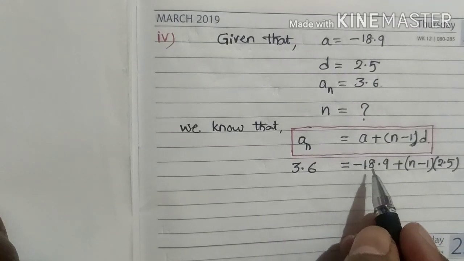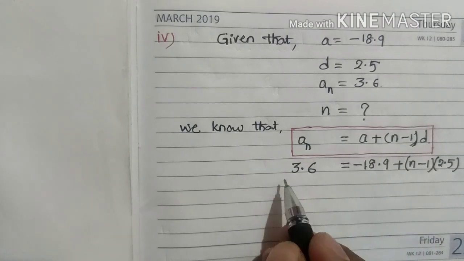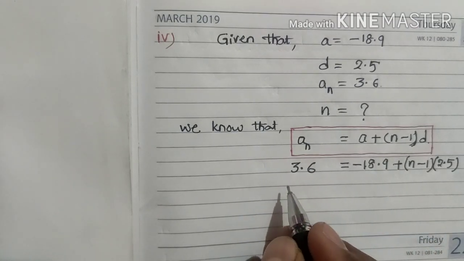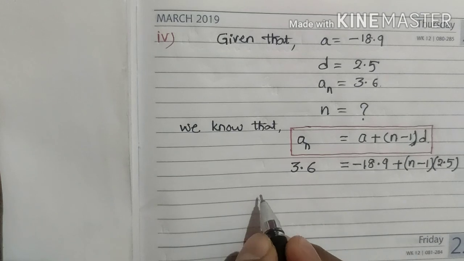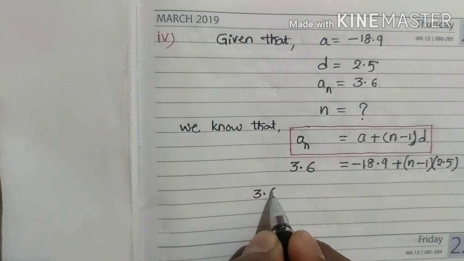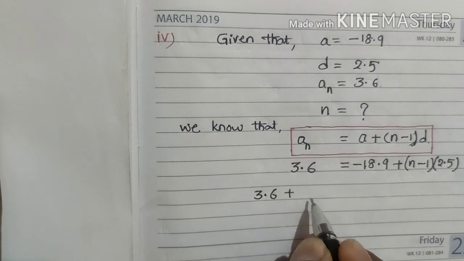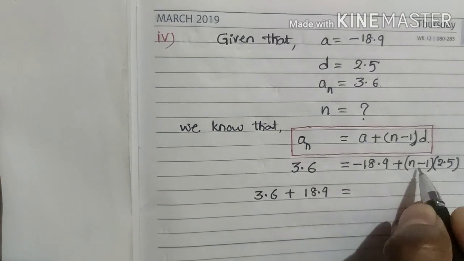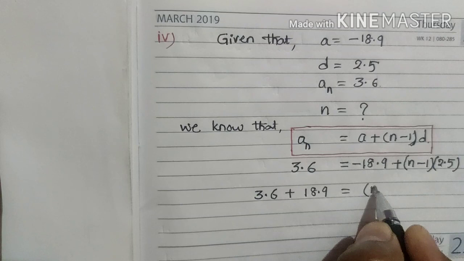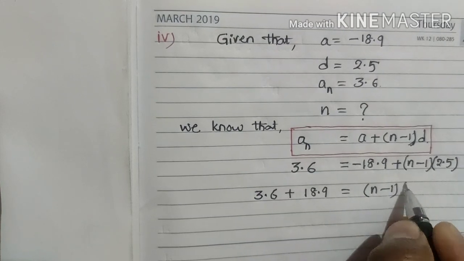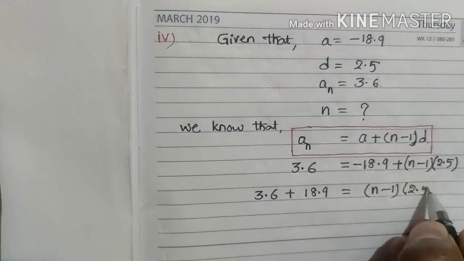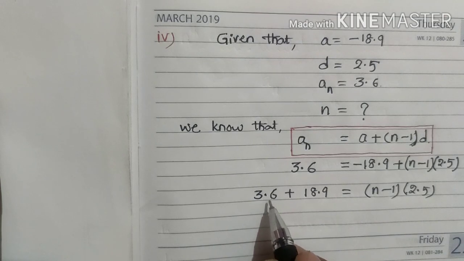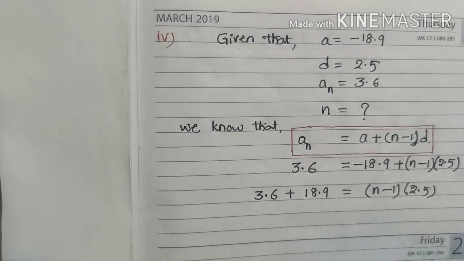Next step. This minus 18.9, if you transpose to the left hand side, will become plus 18.9. Already 3.6 is there on the left hand side, so plus 18.9 is equal to n minus 1 into 2.5, as it is. Further, what you have to do? You have to add these two.